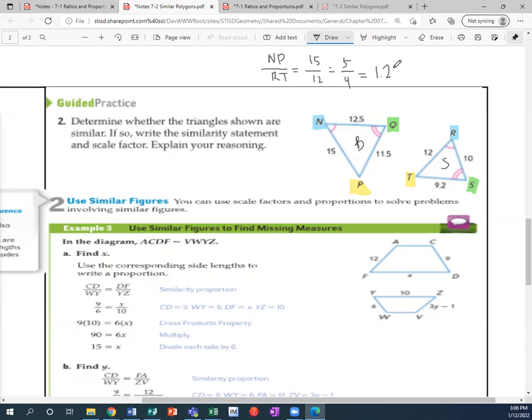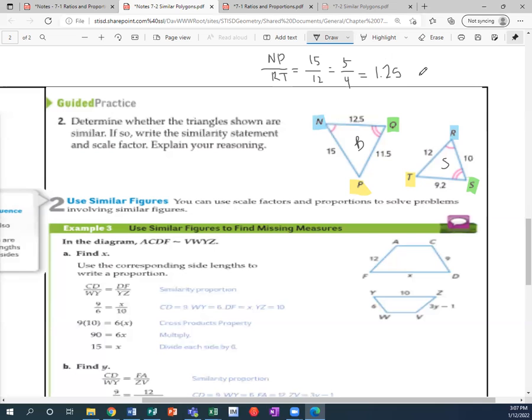As a decimal, this is 1.25. We're going to do the same thing for all of the pairs of sides in these triangles. If, when we do this, we find that those other fractions are also the same as this, they're either 5/4 or as a decimal, they're 1.25, then these triangles are similar.